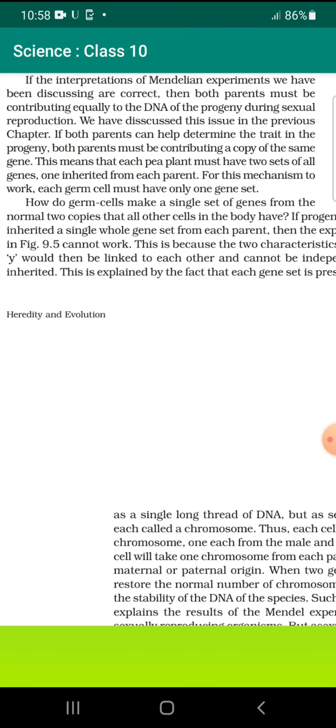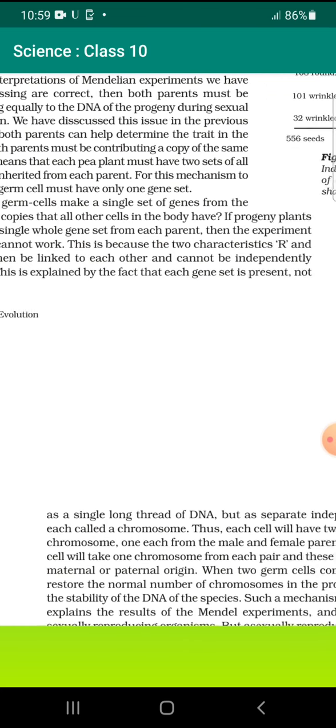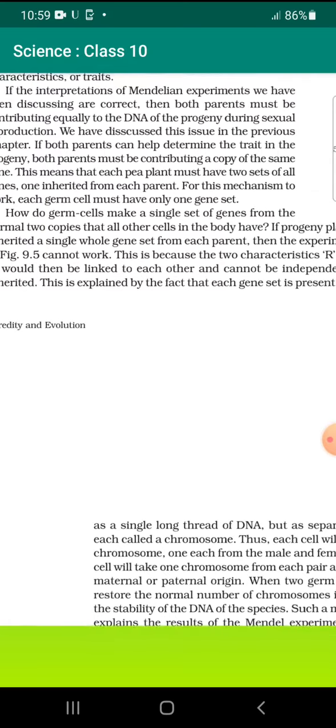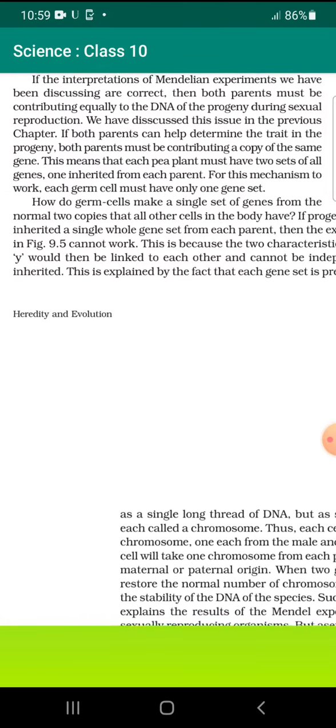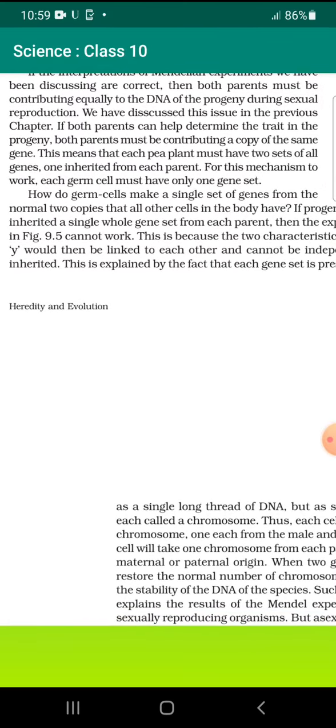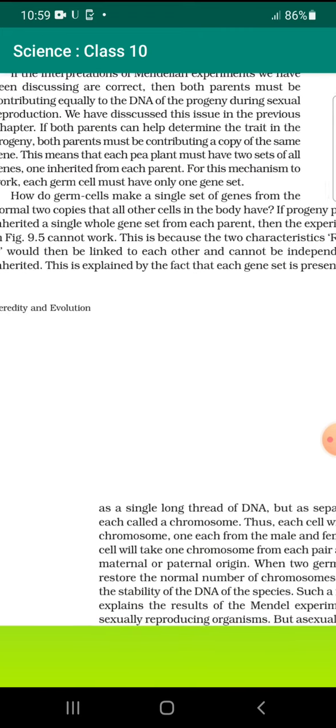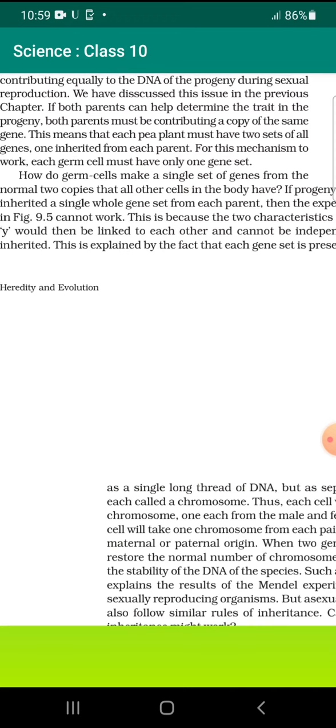How do germ cells make a single set of genes from the normal two copies that all other cells in the body have? If the progeny plant inherited a single whole gene set from each parent, then the experiment in figure 9.5 can't work.